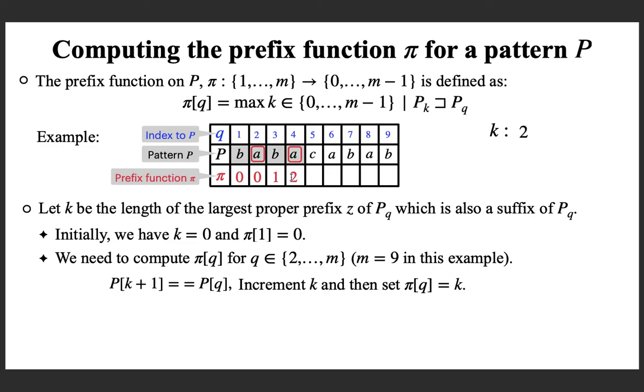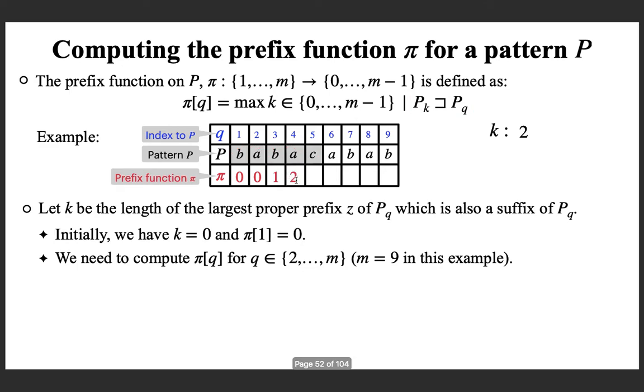Verify that it is correct. Now you are saying that P4, which is when q is equal to 4, you are looking at PQ, which is P4. P4 is BA. When you say that the pi 4 is 2, that means P4 is having a length 2 prefix which is BA, which is also a suffix of P4, and that is correct. So assigning the value as 2 is correct.